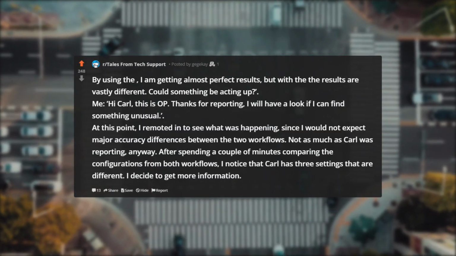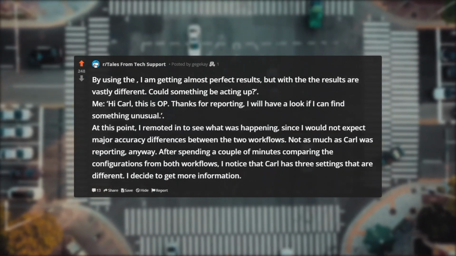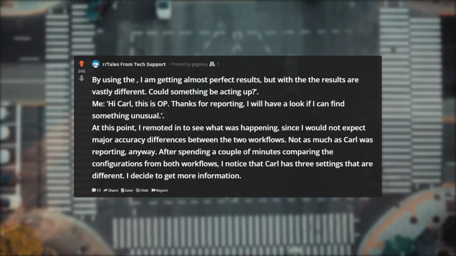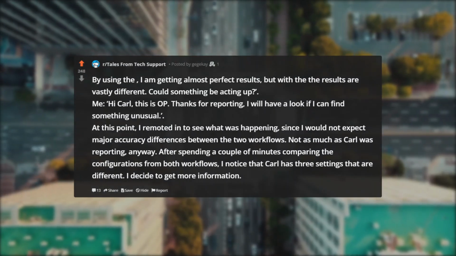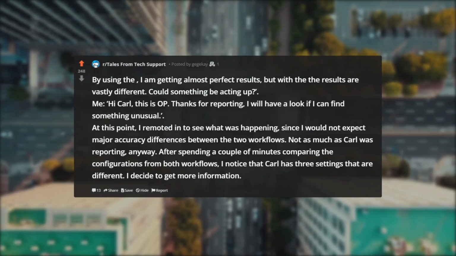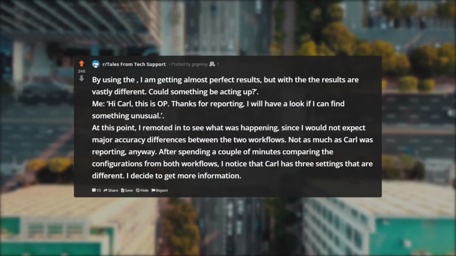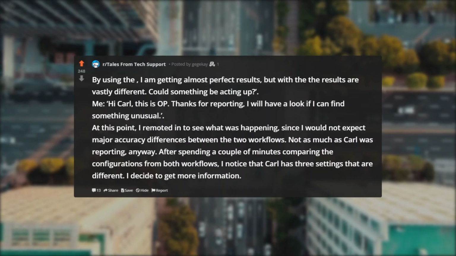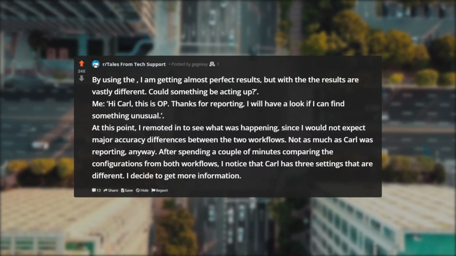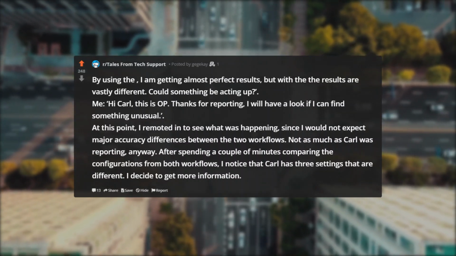At this point, I remote in to see what was happening, since I would not expect major accuracy differences between the two workflows. Not as much as Carl was reporting, anyway. After spending a couple of minutes comparing the configurations from both workflows, I noticed that Carl has 3 settings that are different. I decide to get more information.